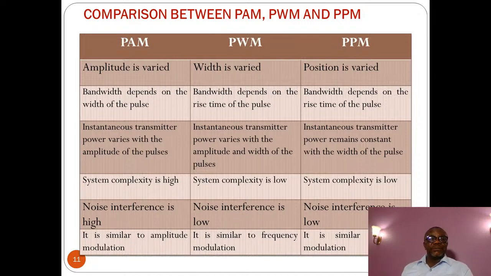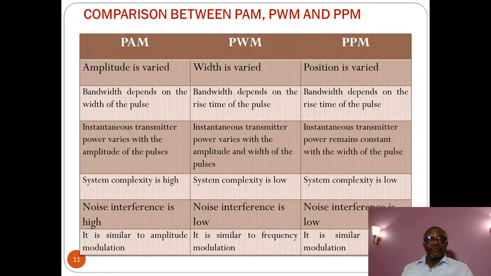For the PAM, the system complexity is high. The equipment used in performing PAM has a complex system. For PWM and PPM, the complexity is low. Now for PAM, noise interference is high, but for the other two, noise interference is minimal.